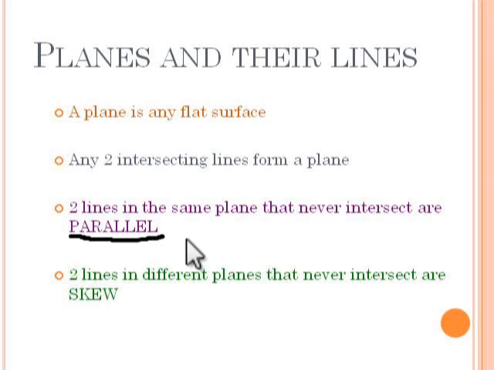If we were using that top line where the ceiling and the front wall meet, and then we're using the back wall and where the floor meets, those are also parallel.